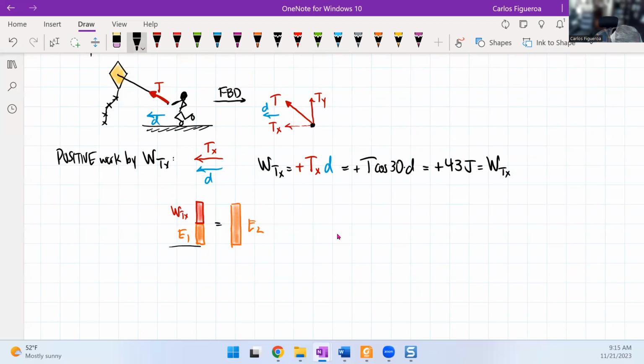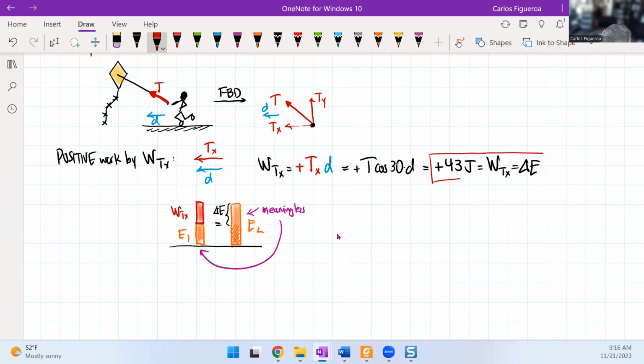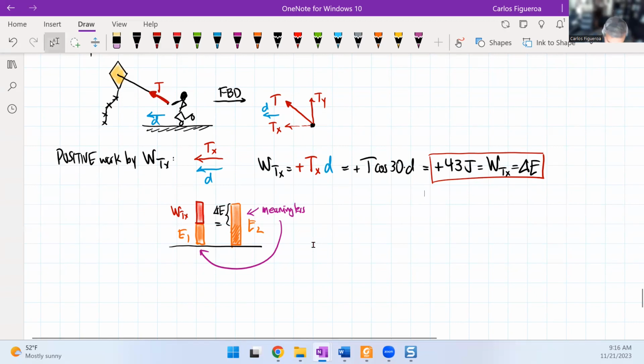And then the question is, what is meaningful? This is meaningless. This is meaningless. What is meaningful is above E1. It's this guy that's meaningful, and it is this guy that we calculated. So when we look at energies, we talk about the change in energy, not anything else here.